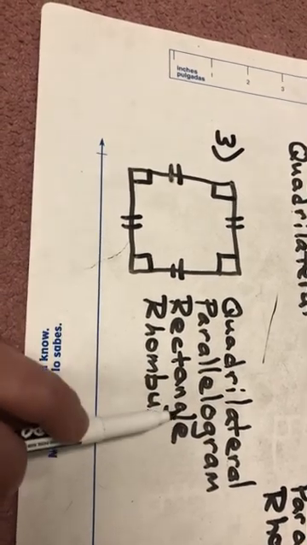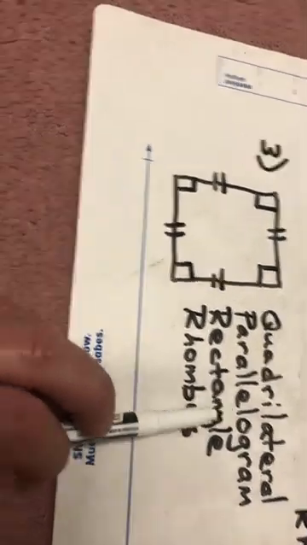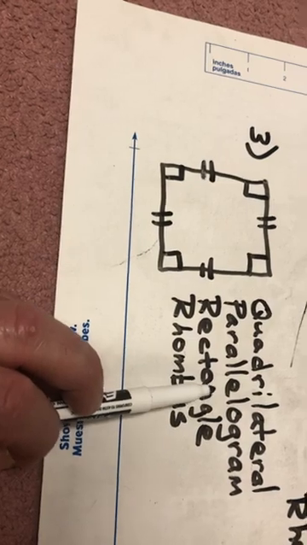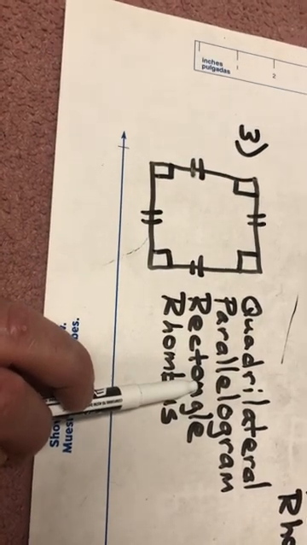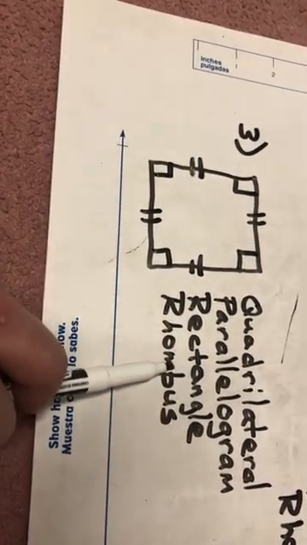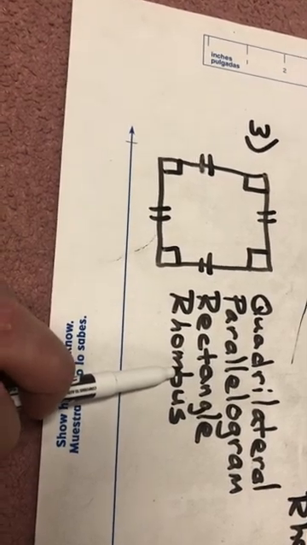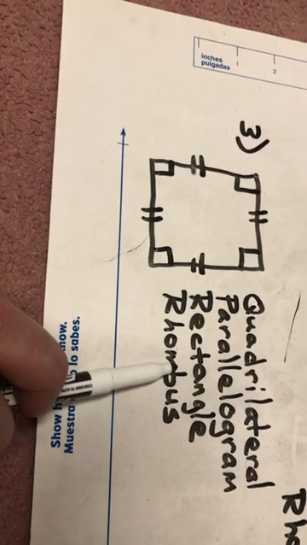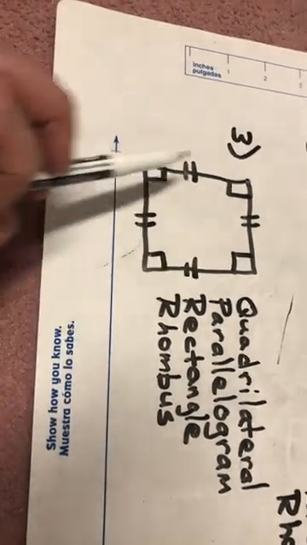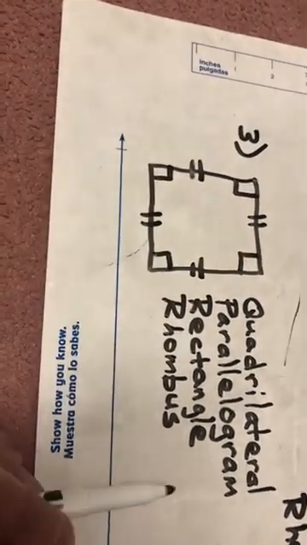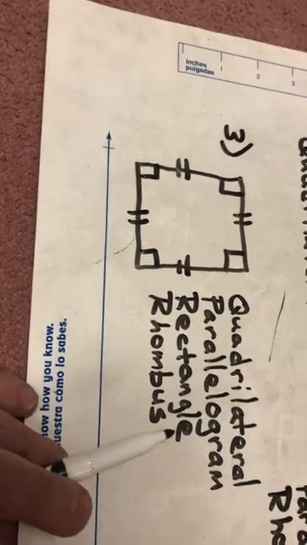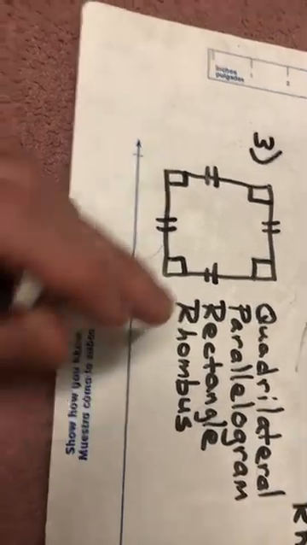Now, I say, okay, well, it's a rectangle because it had 4 congruent angles, or 4 right angles. It's a rhombus because it had 4 congruent sides, okay? Well, then it fits the definition of a square, which is to have 4 right angles and 4 congruent sides. Well, some of you may say, well, Mr. Swack, how can it be a square if it's a rectangle?